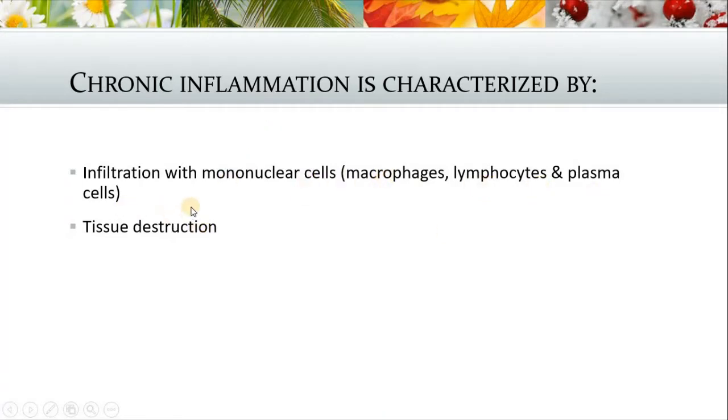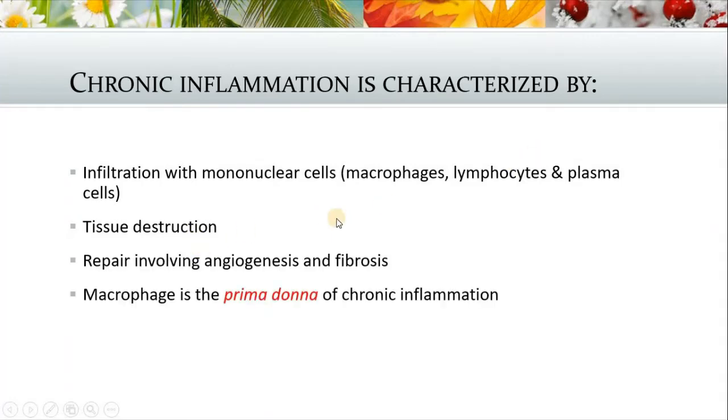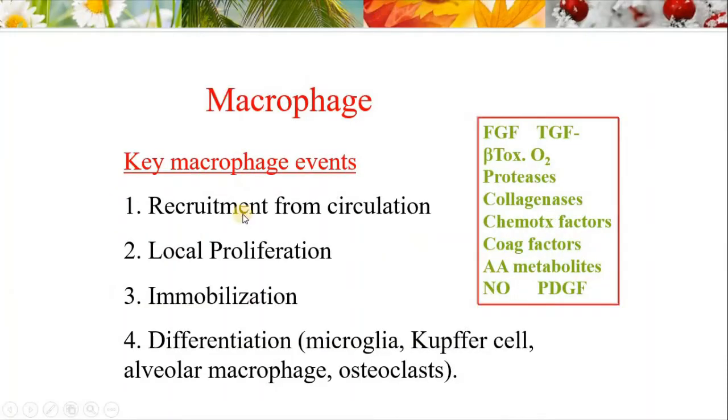So the chronic inflammatory cells are macrophage, lymphocyte and plasma cell. Also, tissue destruction, angiogenesis and fibrosis occur here, and all the action is done by the macrophage, the prima donna.